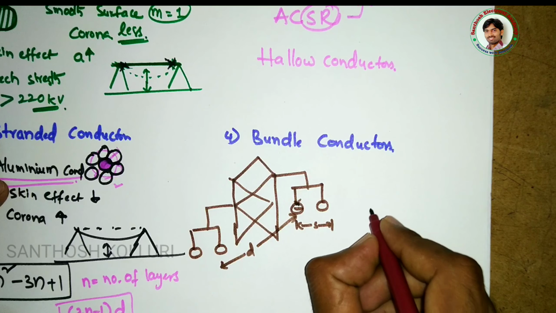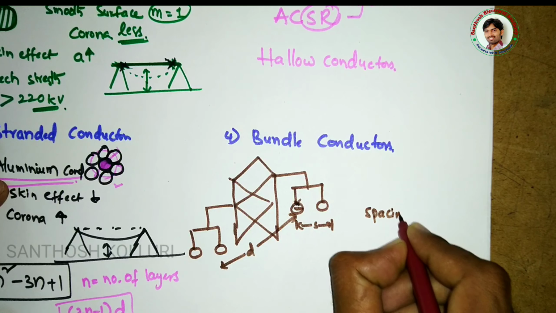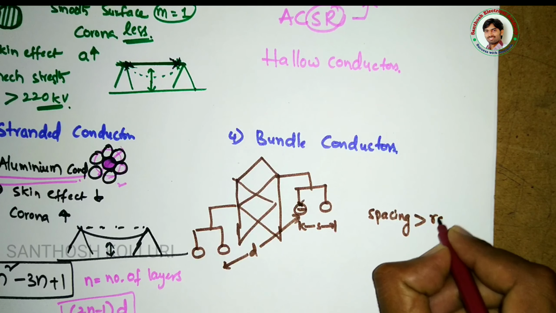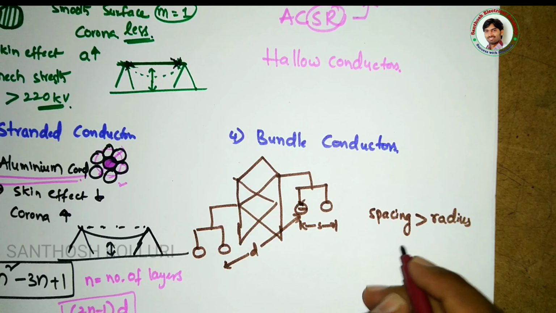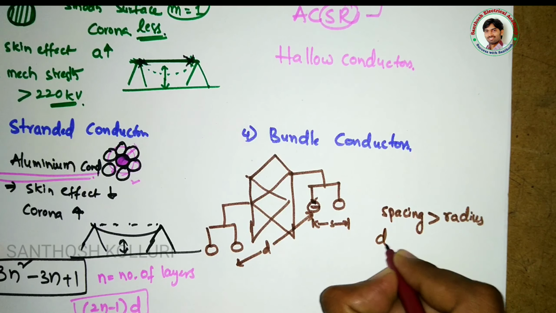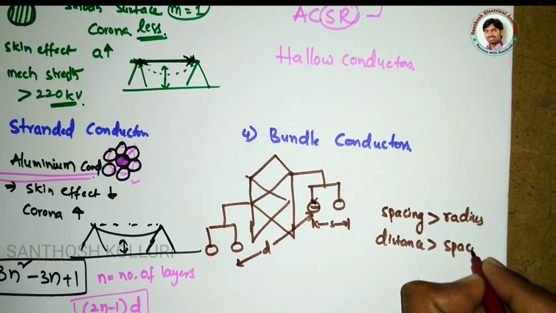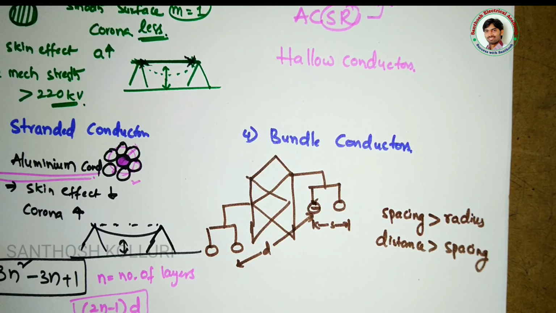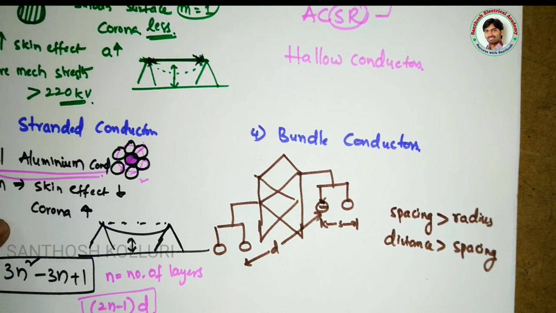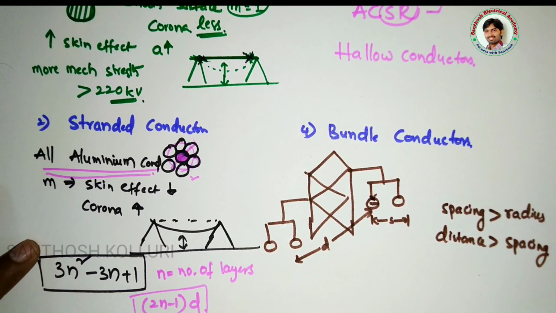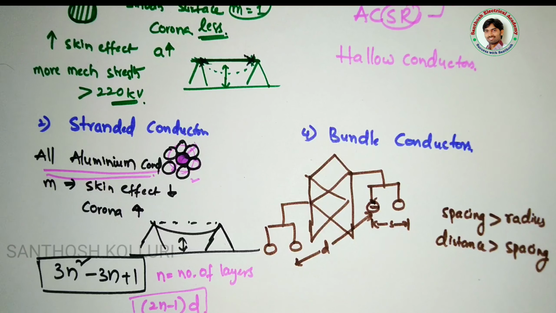So the spacing should be more than radius, and the distance is more than spacing. So this is a condition for a bundle conductors. Spacing should be greater than radius and distance should be greater than spacing. So by using these bundle conductors, the corona will be reduced.